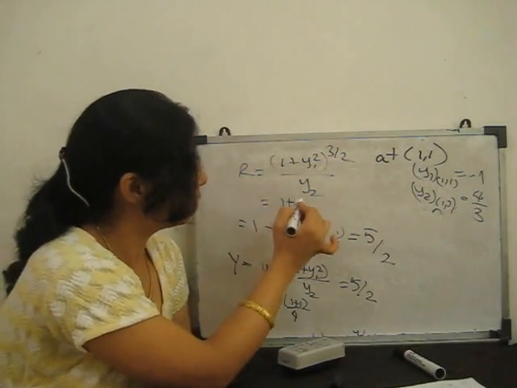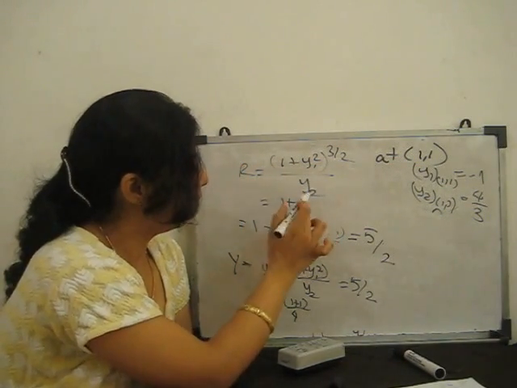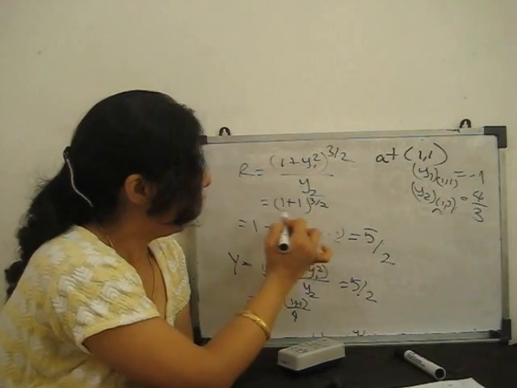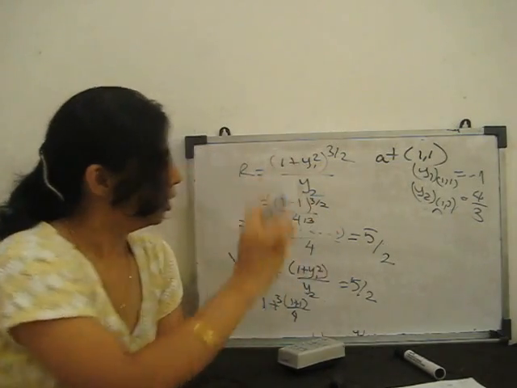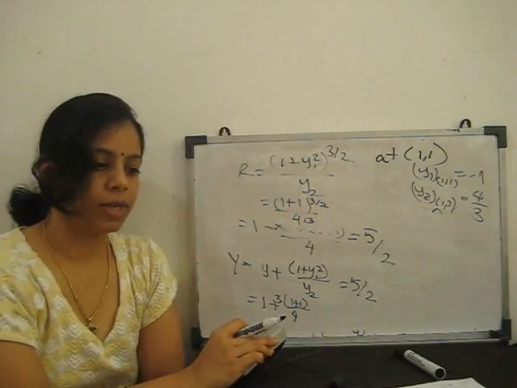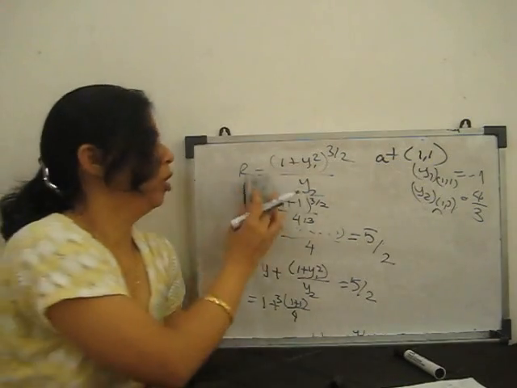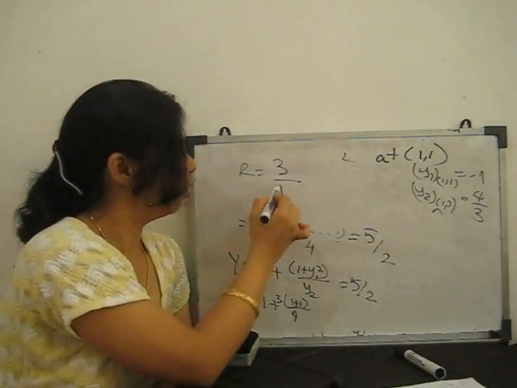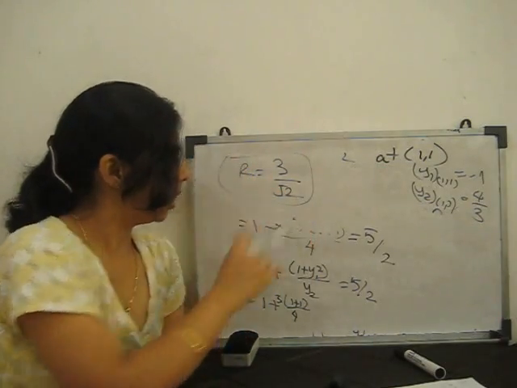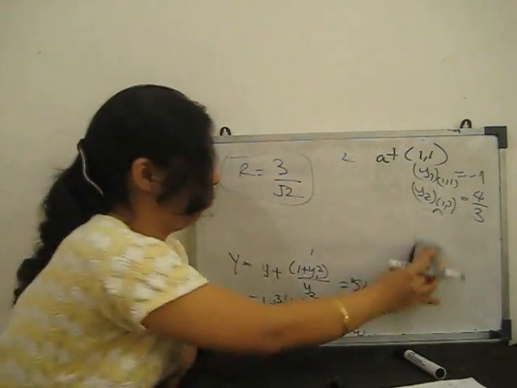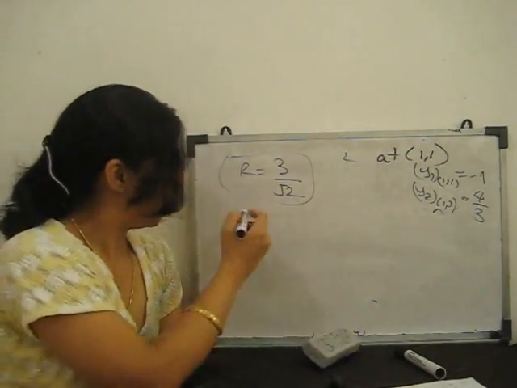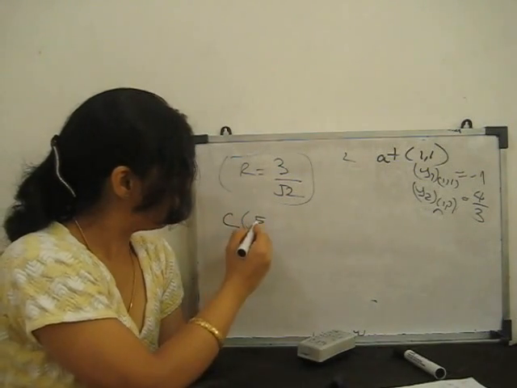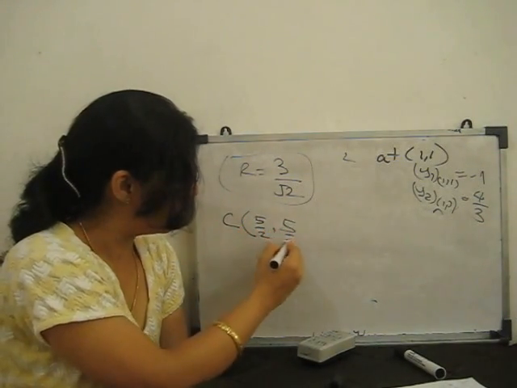So 1 plus 1 square is 2, to the power 3 by 2, upon 4 by 3. So what is our R when we calculate? R is 3 by root 2. The center of curvature is (5 by 2, 5 by 2).